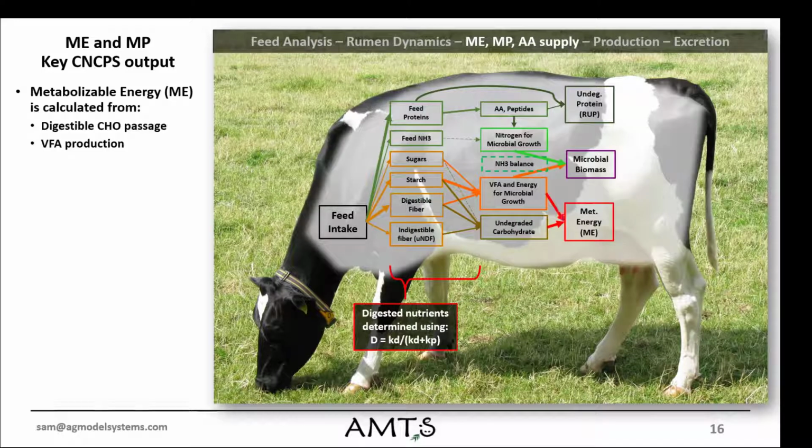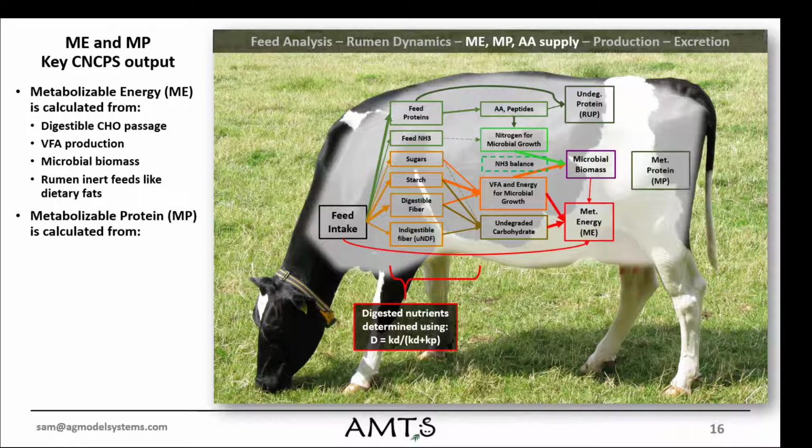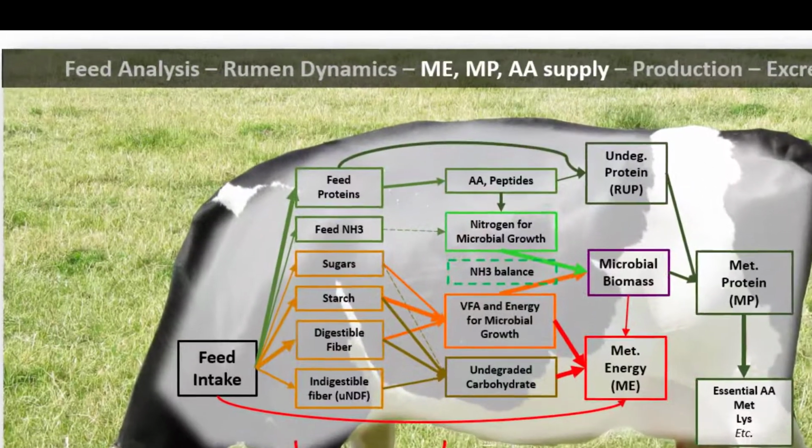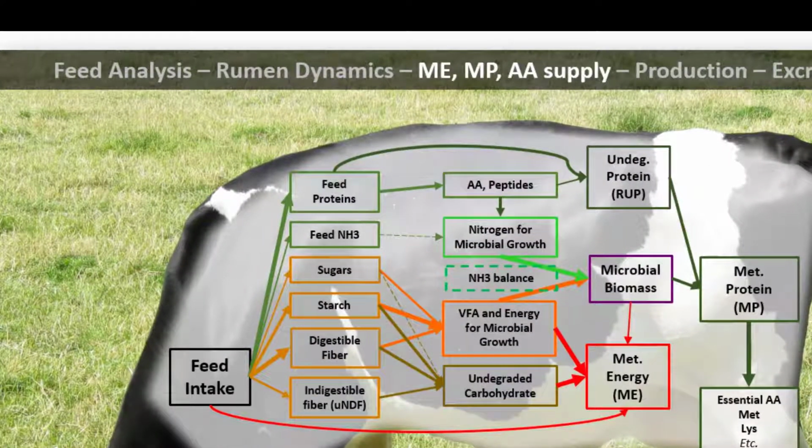Using this equation from each of the different feed fractions for carbohydrates and proteins and fats, etc., the metabolizable protein is the sum of the microbial protein generated from the degradation of fermentable carbohydrates and the addition of the undegraded feed proteins. When we calculate the digestibility of protein, we can also calculate the part of the protein that escapes degradation in the rumen and can be treated as rumen undegraded feed protein.